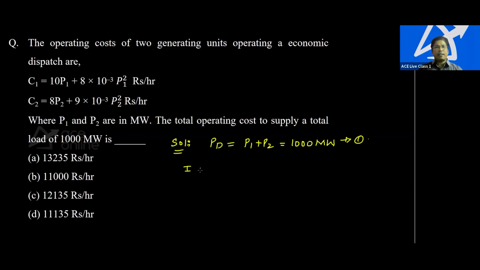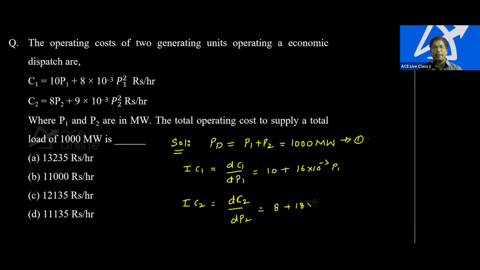And the incremental fuel cost of plant 1: IC1 is dC1 divided by dP1, which is 10 plus 16 × 10^-3 P1. What is IC2, students? It is dC2 divided by dP2, which is 8 plus 18 × 10^-3 P2.